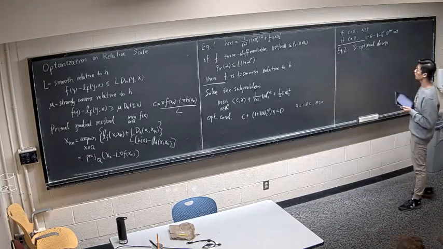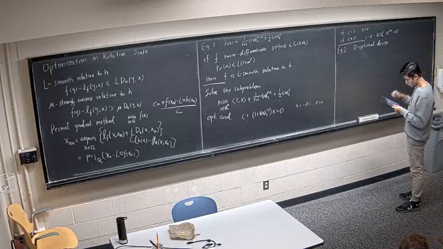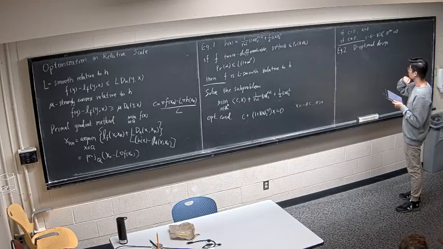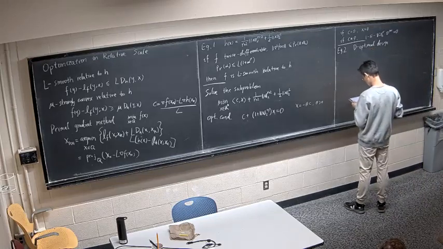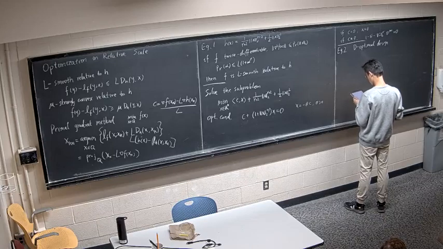Second example is the optimal design. We also showed that the function f in the optimal design is 1 smooth with respect to a certain function h.